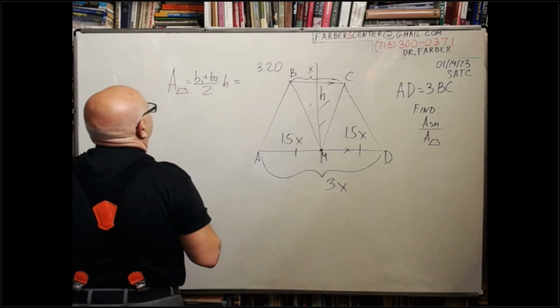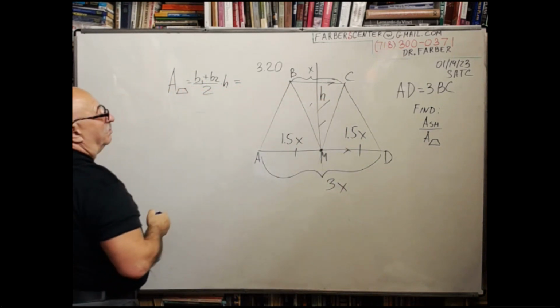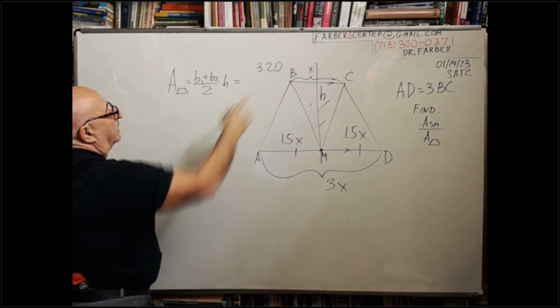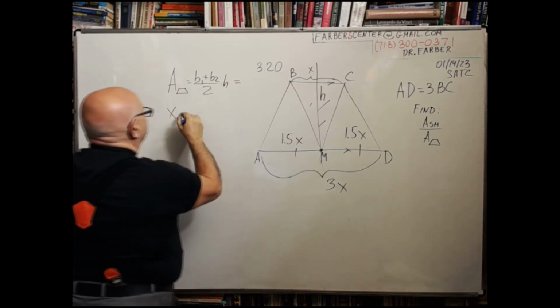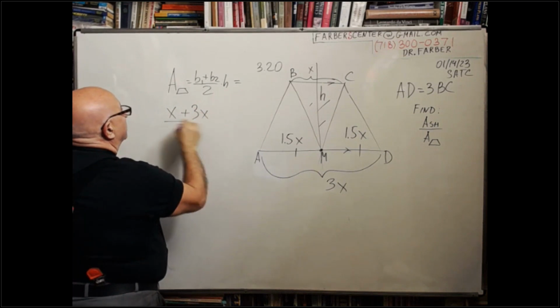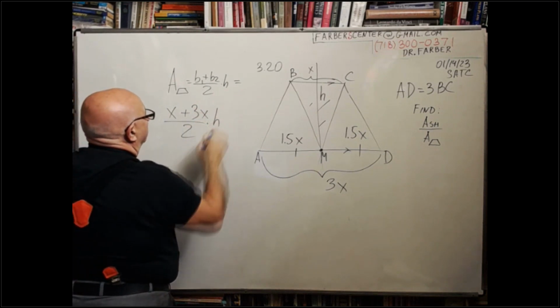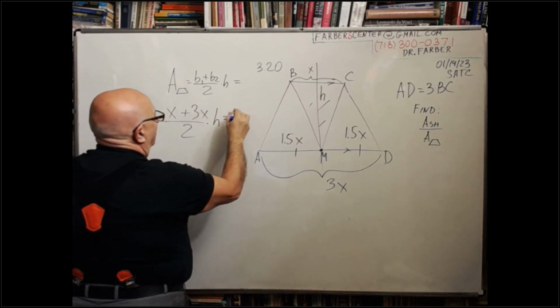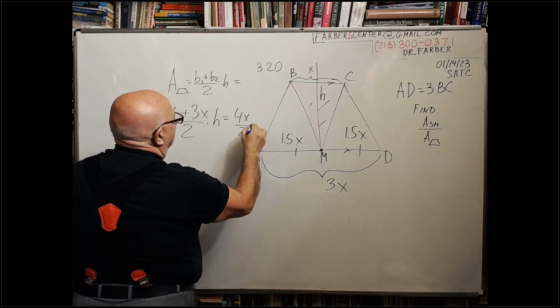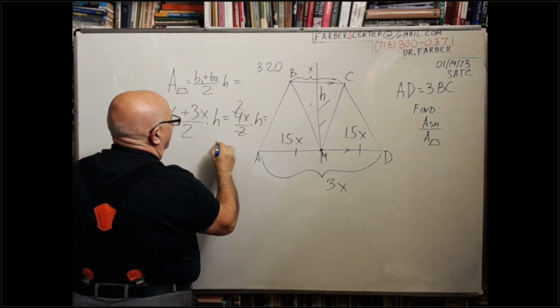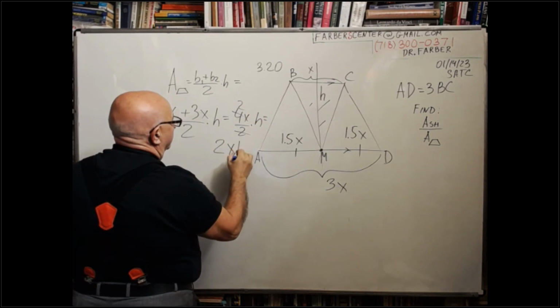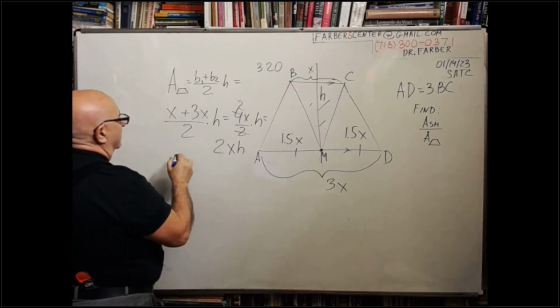Don't be afraid of using variables. b1 is x plus 3x divided by 2 multiplied by height, or 4x over 2 times height, or 2x times height. It's the area of the trapezoid.